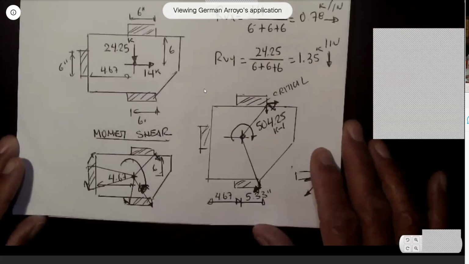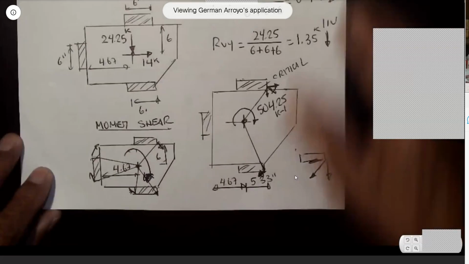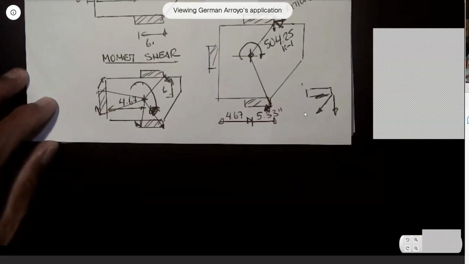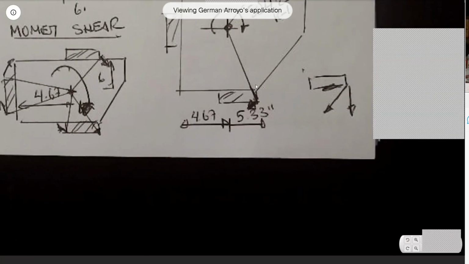And this dimension I have computed from you in the previous page.